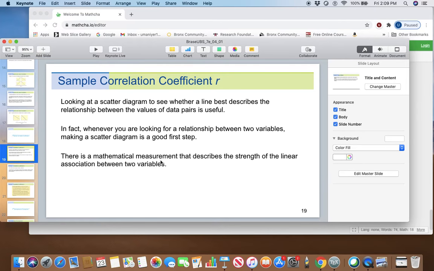There is a mathematical measurement that describes the strength of the linear association between the two variables. So once you have drawn a scatter diagram, you want to describe or measure how linearly they are coordinated or associated. So you want to measure the strength of linear association.